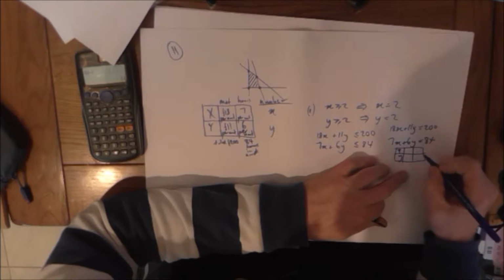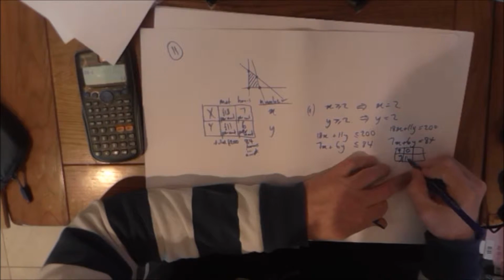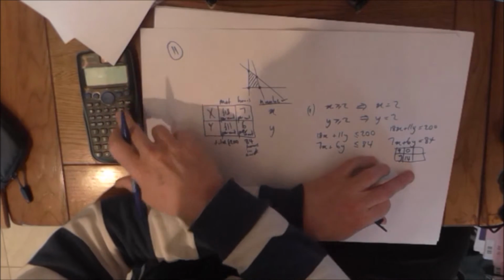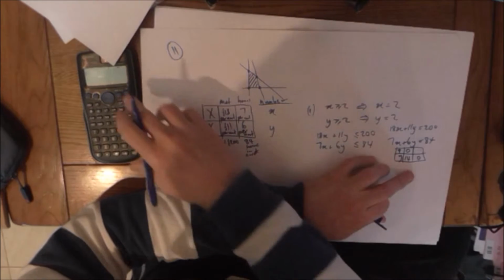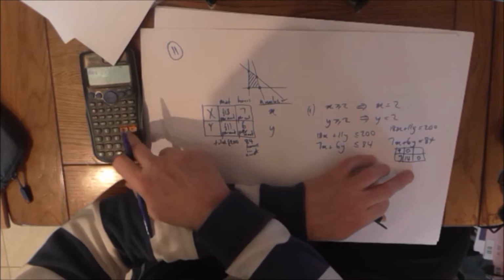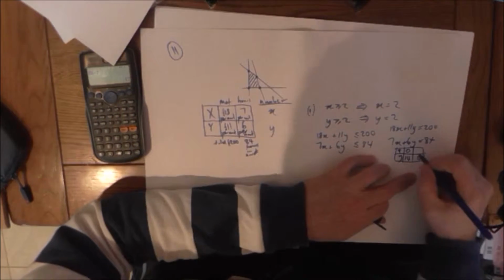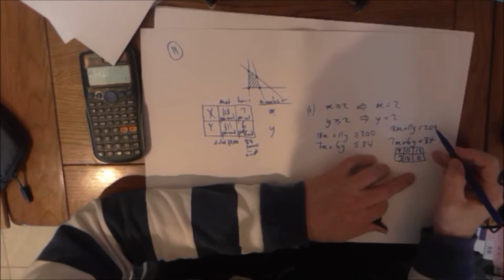So if x equals 0, y equals 14. If y equals 0, x is 12.